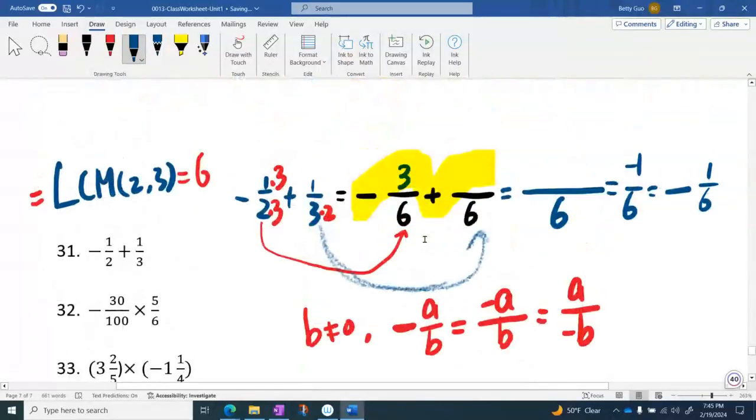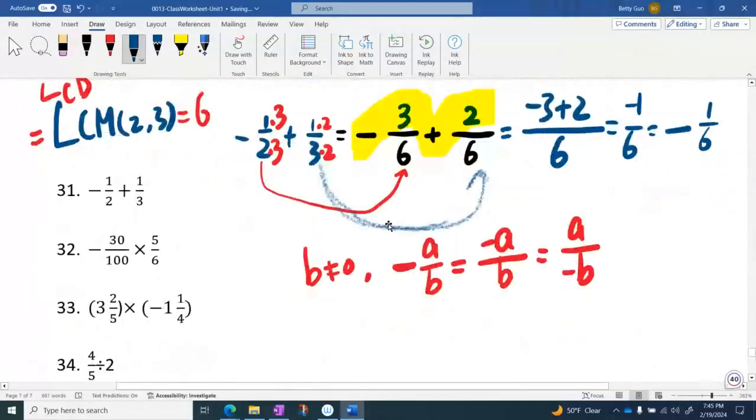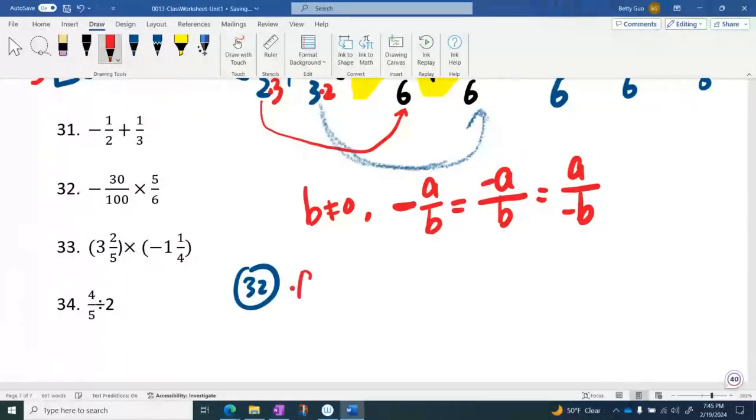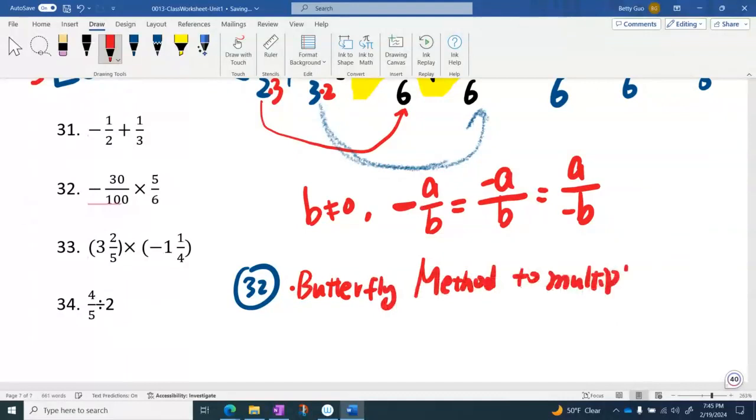3 questions. Multiplying fractions. Number 32, I'm going to introduce a butterfly method to multiply fractions.